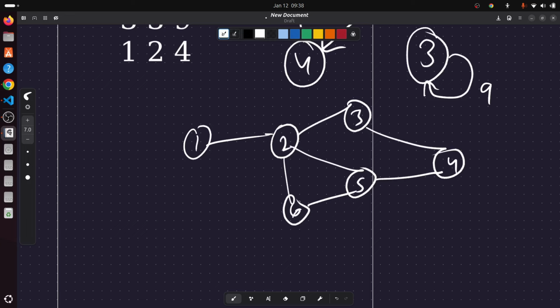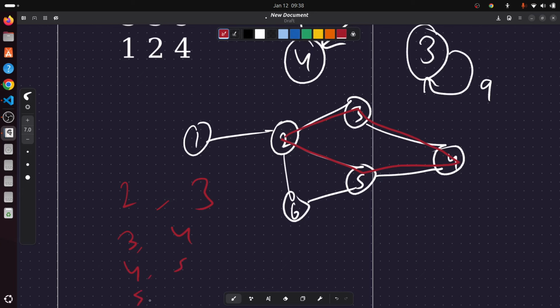Let's say in this graph you take the path, okay, let's not start with 1, let's start with 2 3 4 5 and 2. So what are the edges that you took? You took 2 comma 3, then 3 comma 4, then 4 comma 5, and then again you came back with 5 comma 2.